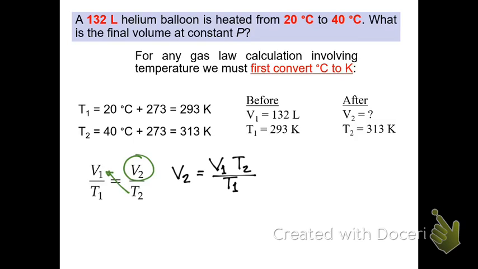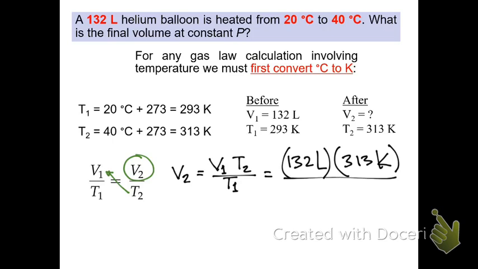All you have to do now is plug in the numbers. We have volume 1, which is 132 liters, multiplied by the final temperature, which is 313 kelvins, divided by the initial temperature, which is 293 kelvins. You can see that kelvins cancel out, leaving you with the unit that you want, which is liters.